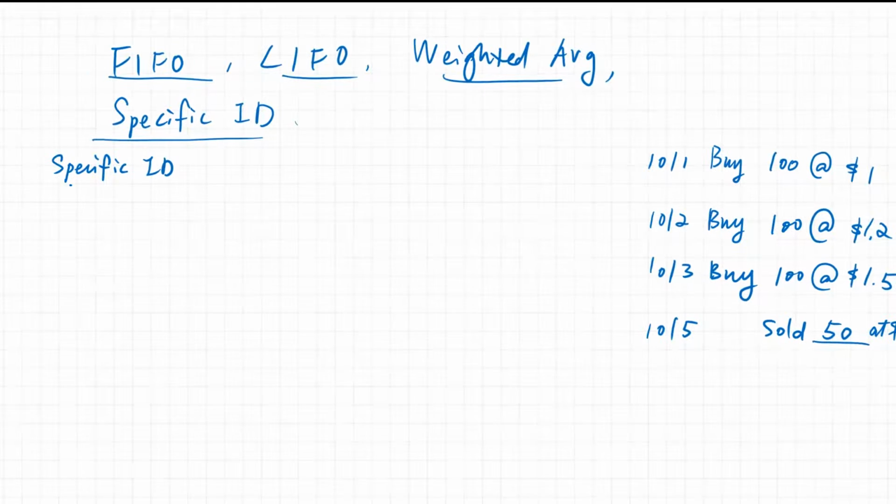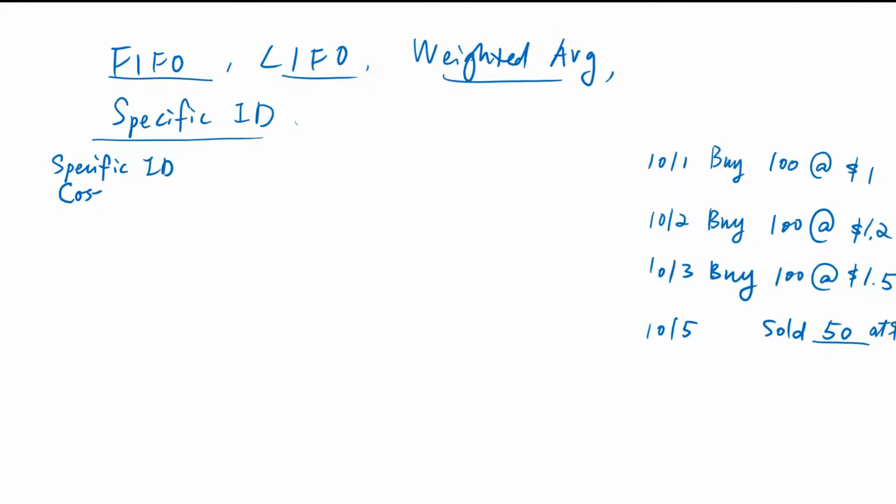Then your cost of goods sold, which by the way, I'm going to call COGS, will be $1.20, and we sold 50 of them, so $60.